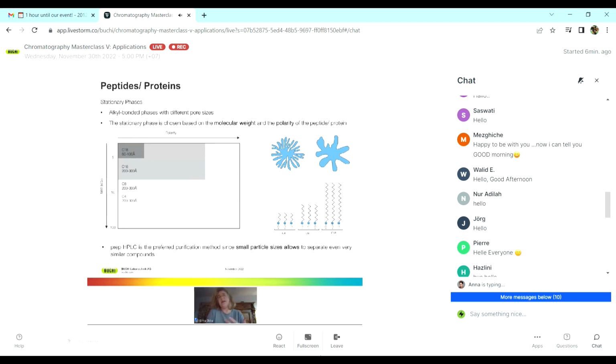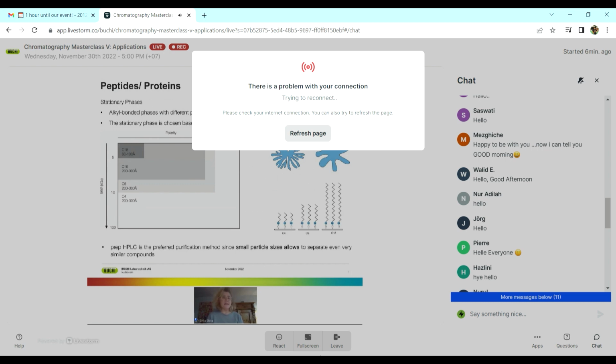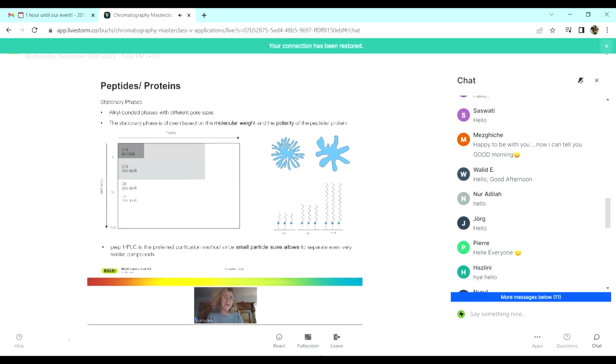The higher the surface of your particle, the better it is for your resolution and for the purity. So if you have a bigger one, then you need to switch to pore sizes between 200 and 300. Standard pore size is 60 to 100 angstrom.